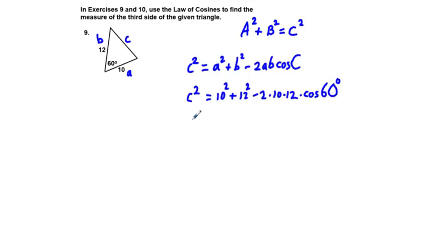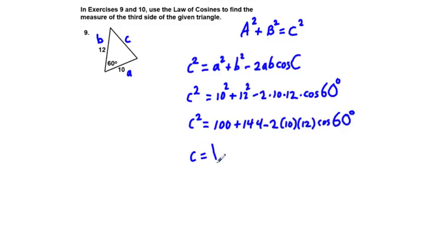So we're going to have c squared equals 100 plus 144 minus 2 times 10 times 12 times cosine of 60 degrees. And the last thing I'm going to do is take the square root of both sides of this equation. So we're going to have c is equal to the square root of all this.